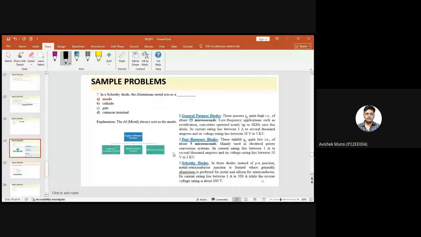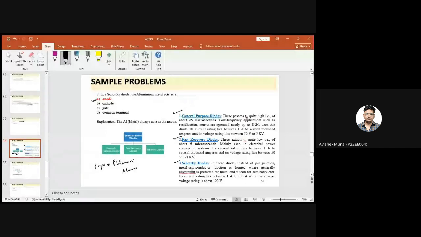See, in case of the Schottky diode, as I said, there are three types of diode: general purpose diode, fast recovery diode, and Schottky diode. In case of the Schottky diode, the P-type material is replaced by platinum or aluminum. So that is why anode will be the correct answer.